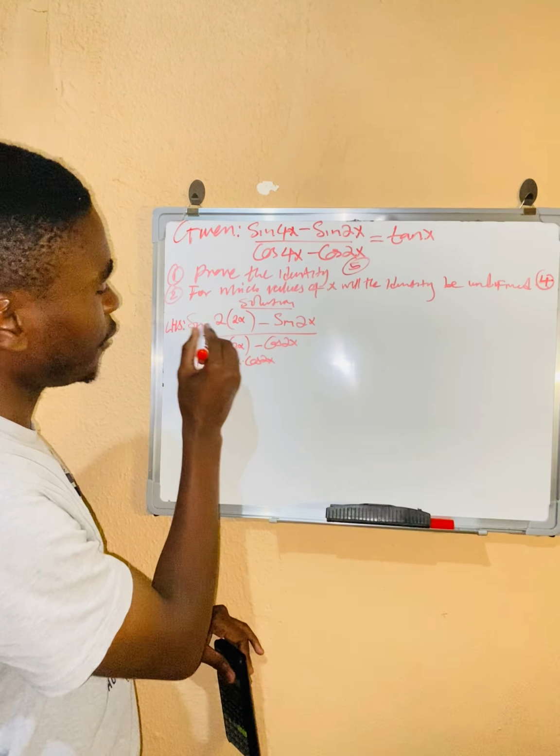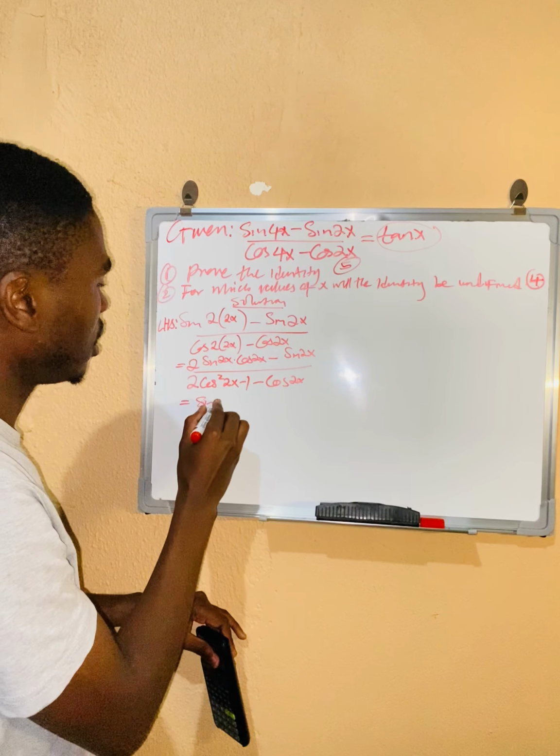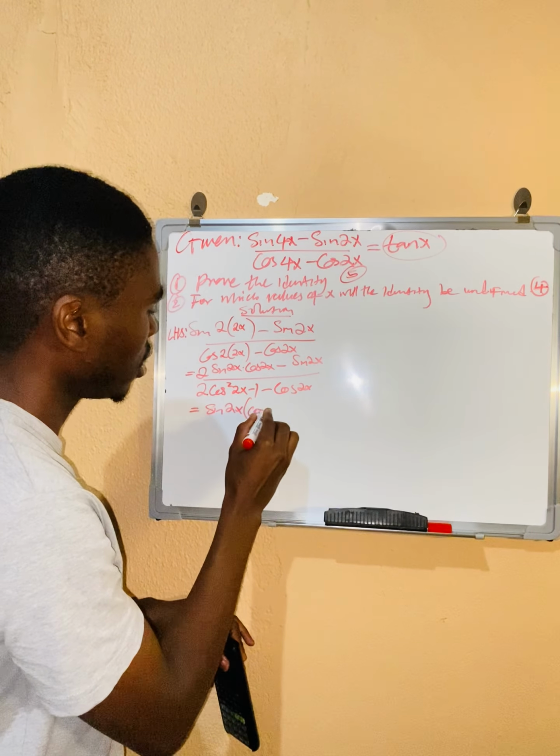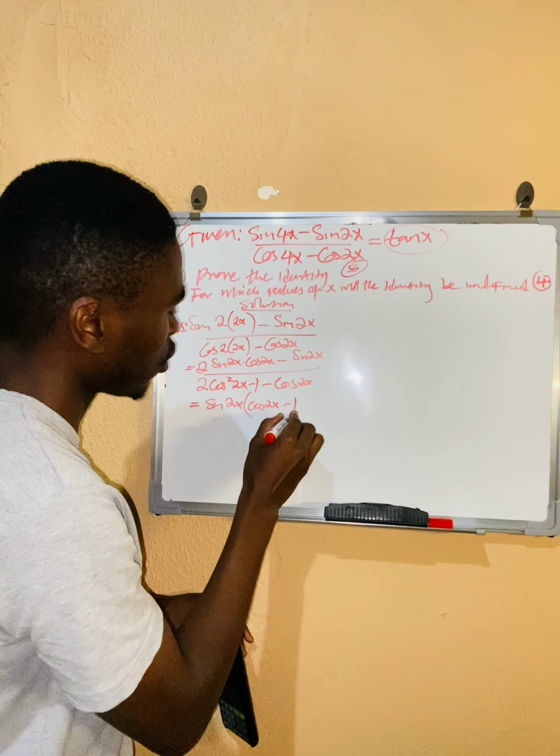Now we're going to take out our common factor, which is sine 2x, and we're left with 2 cos 2x minus 1.